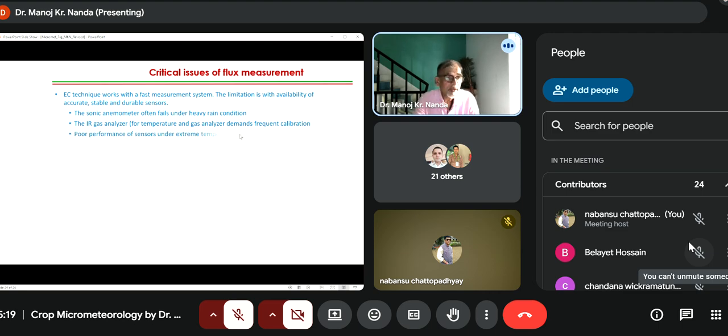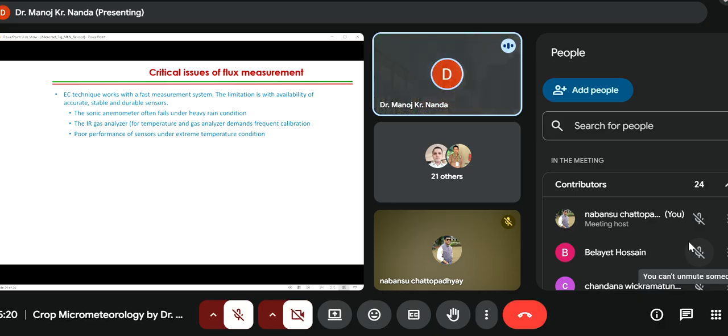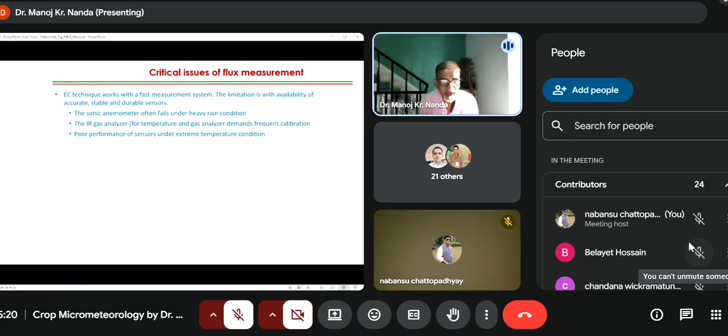That is also an issue. And there is poor performance of sensors in extreme temperature conditions, because these sensors are all electronic, based on the electronic properties of the sensing materials. They have certain measurement limitations. If you are going to an extreme range, sensors may not give you accurate measurement. So these are the general limitations of EC techniques.